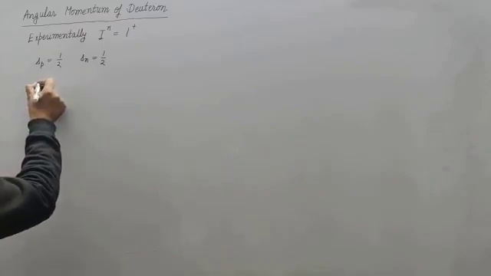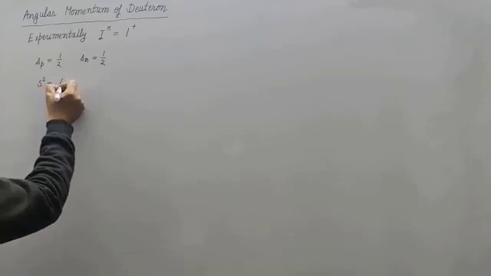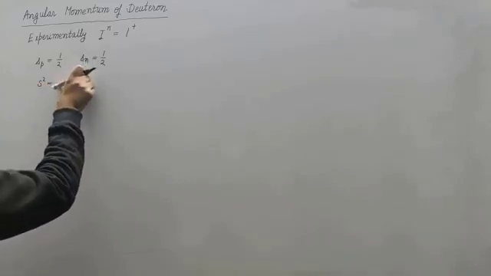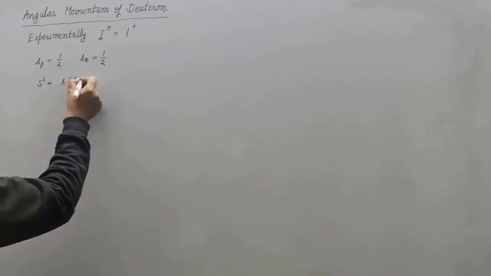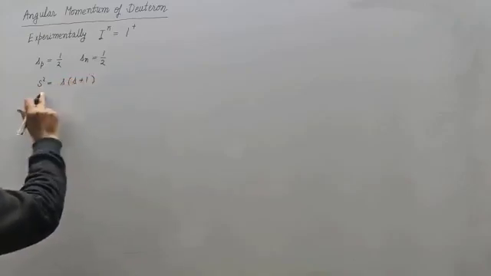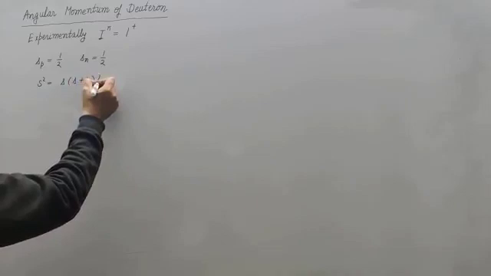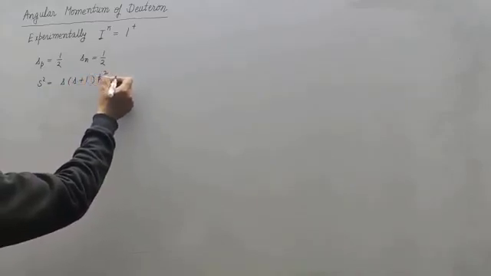So what are measurable quantities? In case of spin, measurable quantities are square of the spin, and square of the spin is s into s plus 1, s(s+1) h cross square.